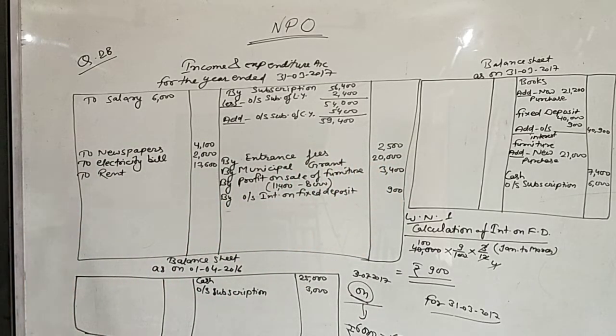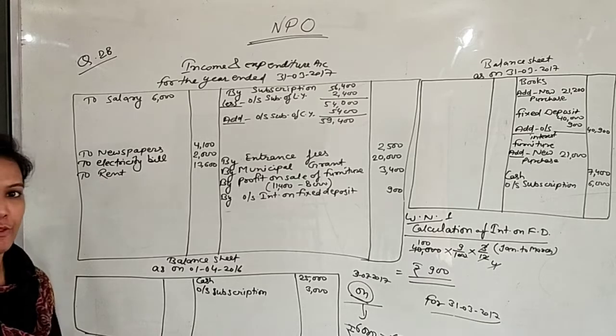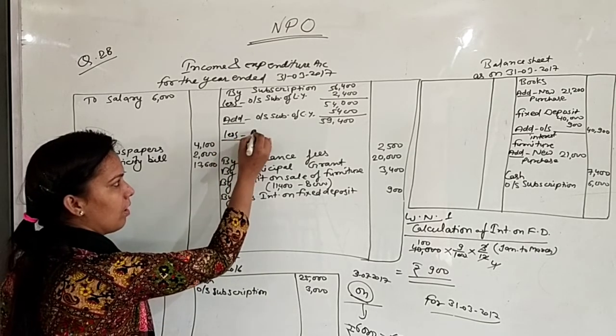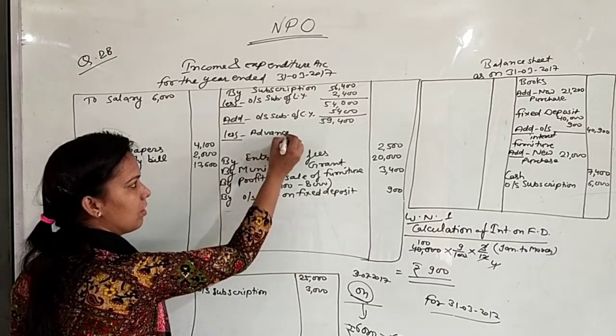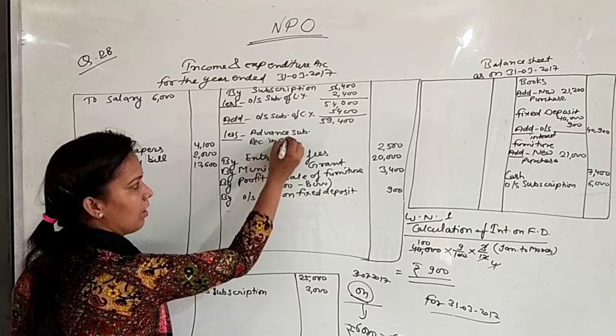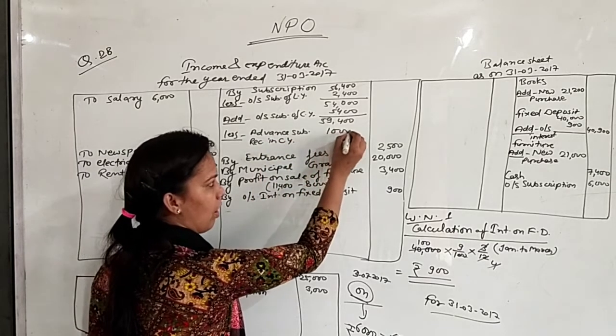And one more point of subscription: in the receipt and payment account, 1,000 rupees is for 2017-18, which means you have received 1,000 rupees in the current year for next year, so we will deduct it here as advance subscription received in the current year, that is 1,000.